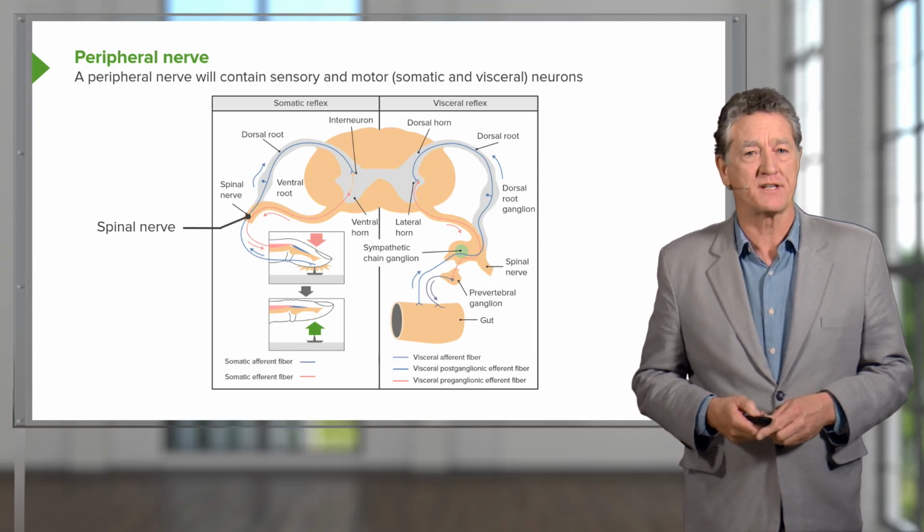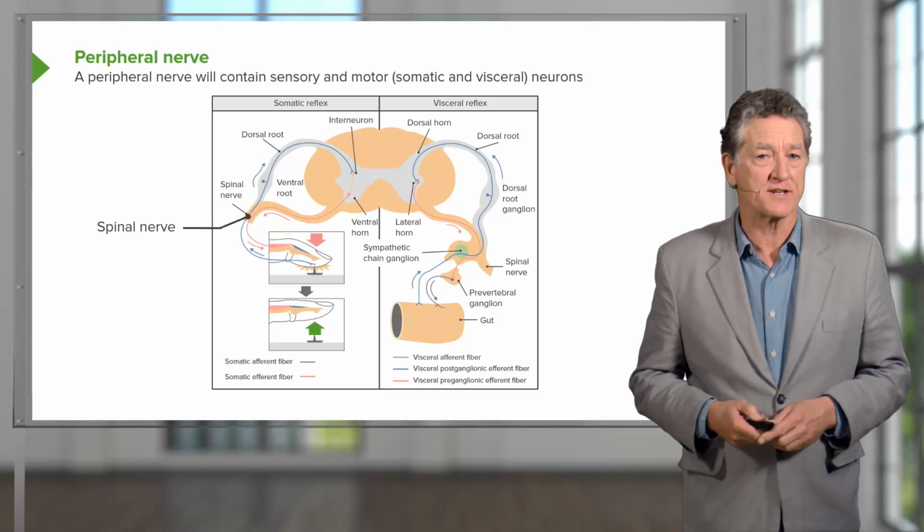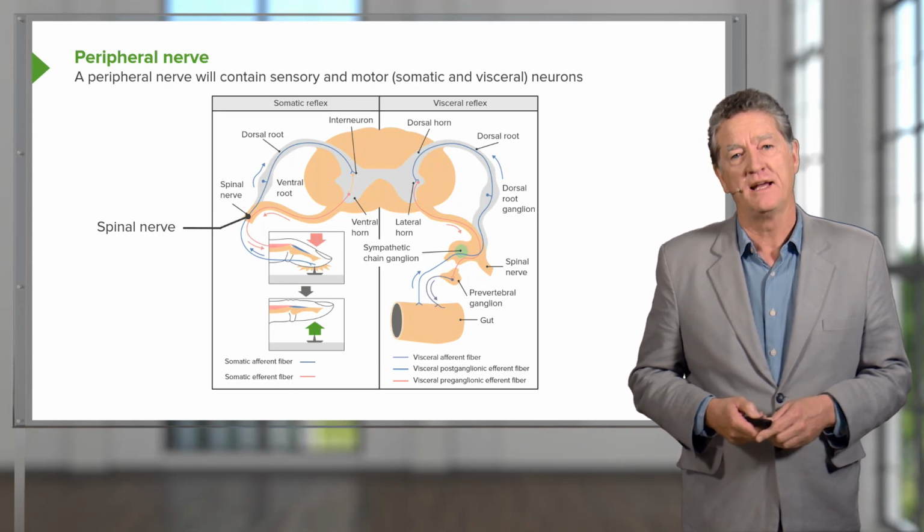So this is the basic structure of a spinal nerve. It consists of sensory axons carrying information into the spinal cord and motor neurons carrying information to skeletal muscles in the periphery.